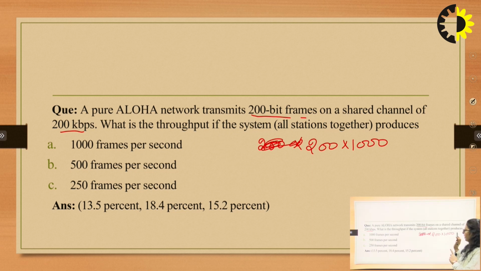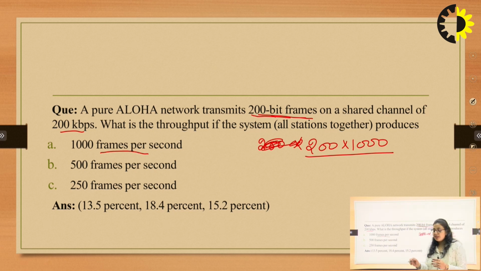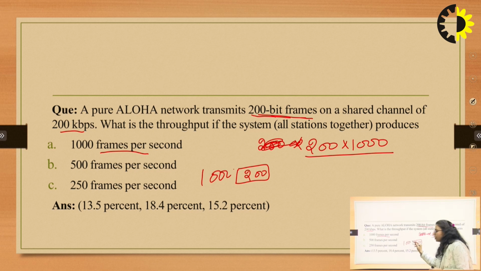So, 200 multiplied by 10 raised to the power 3, divided by the number of frames sent. How many frames do we need to send? The size of the frame is 200 bits, and we need to send 1000 frames.